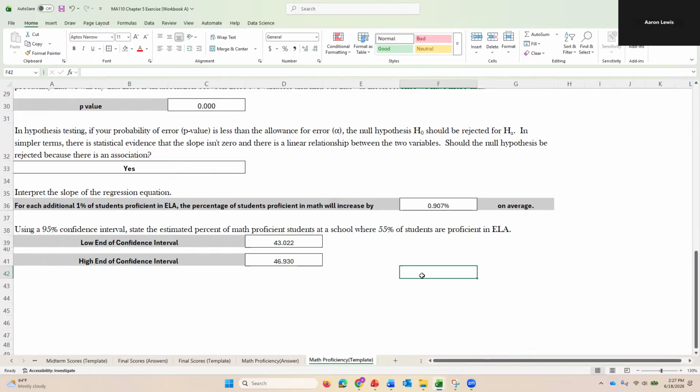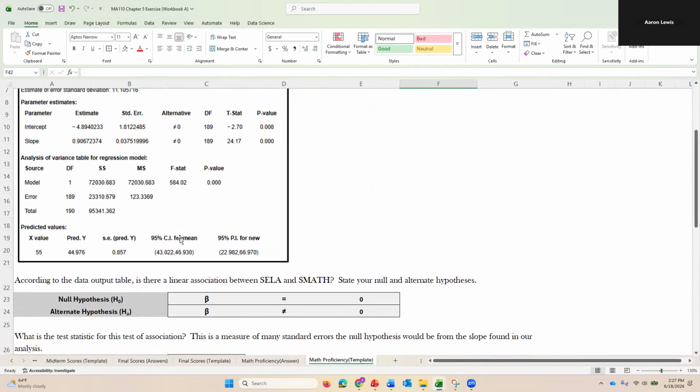There are two inputs up here for intervals, and while the question doesn't ask, you should know the difference between the two. We have a confidence interval over here, and then we've got our PI, our point interval, if you will. And the difference between these two is that the confidence interval is for a given set, in this case, a given school.